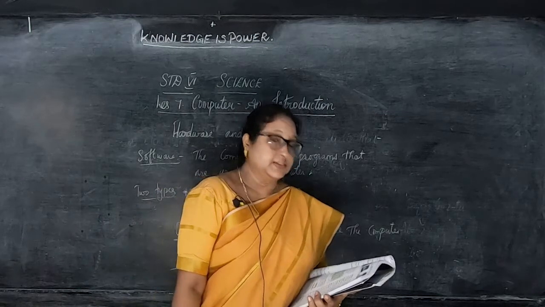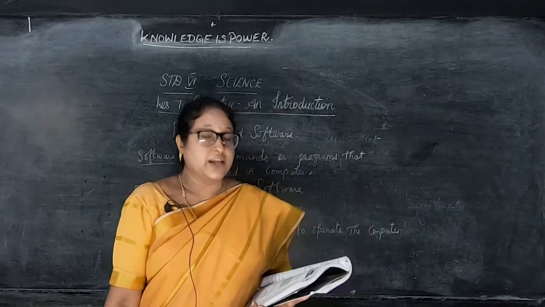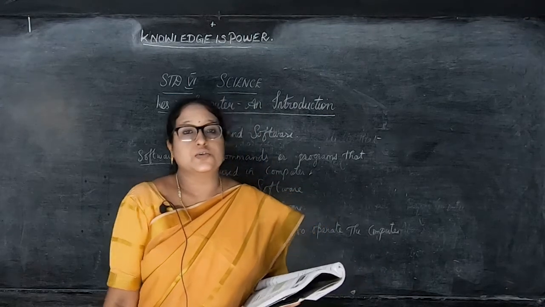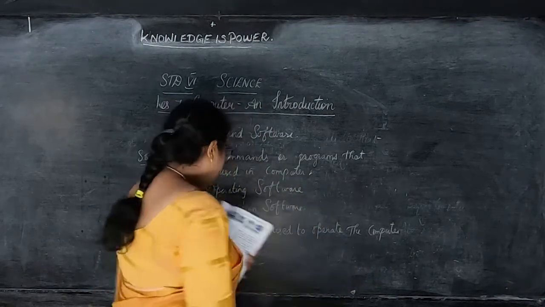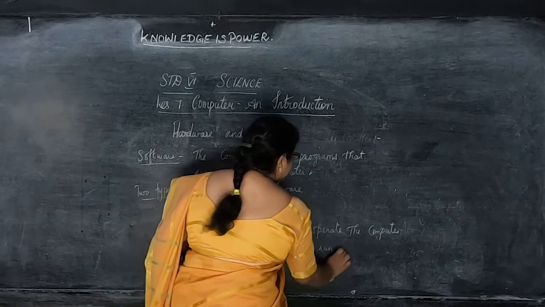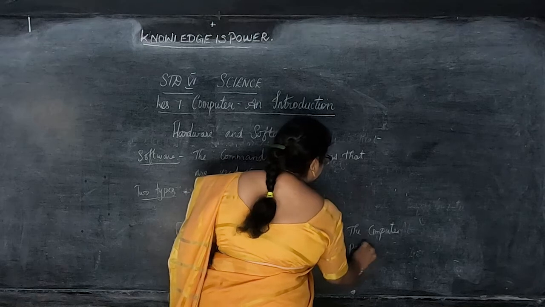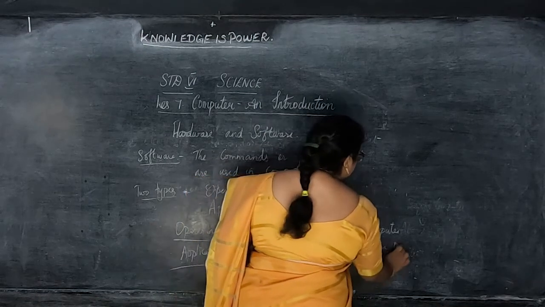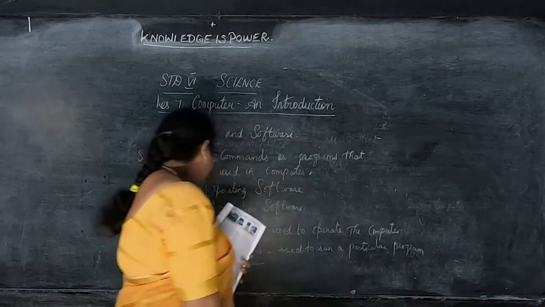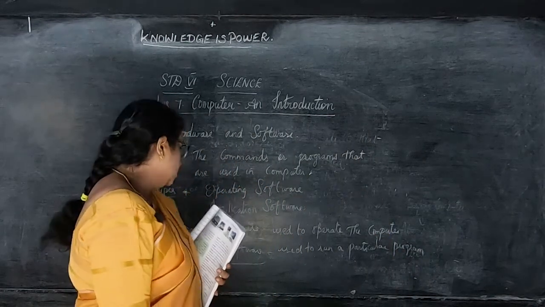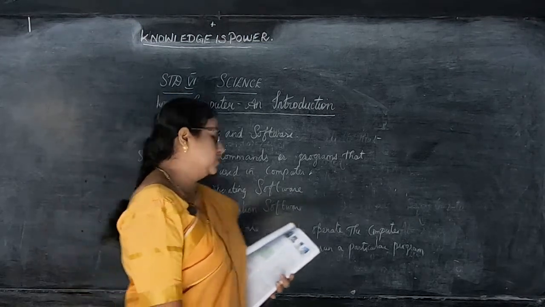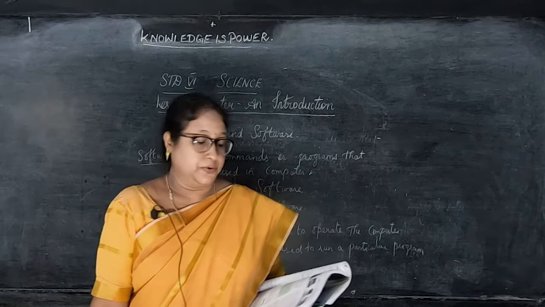Application software is software that is used to run a particular program. Okay, children, now do you know what is operating software and application software? Operating software is used to operate the computer, and application software is used to run a particular program.